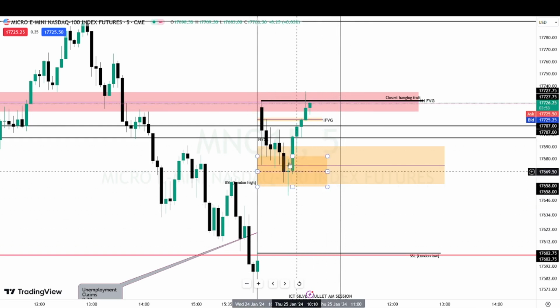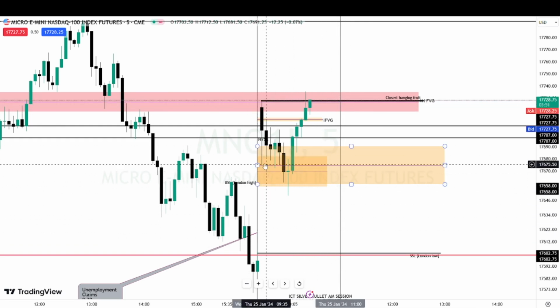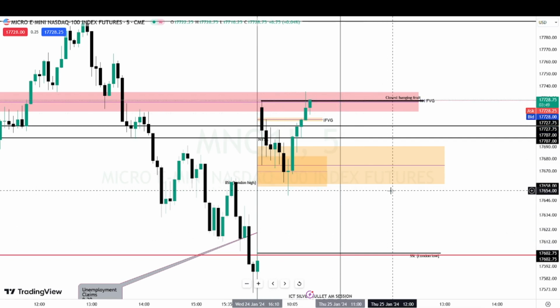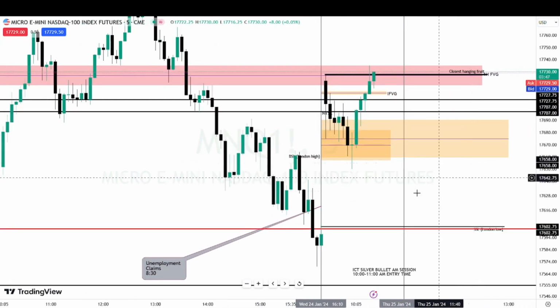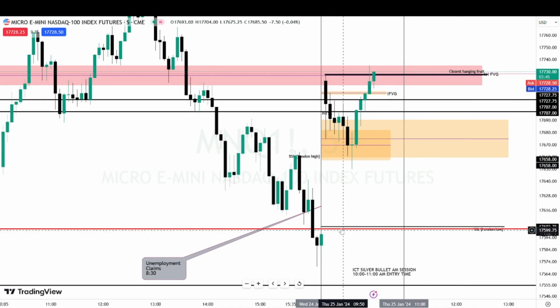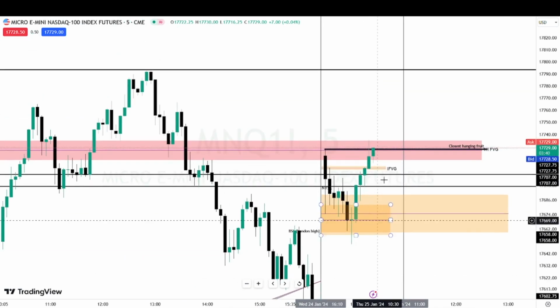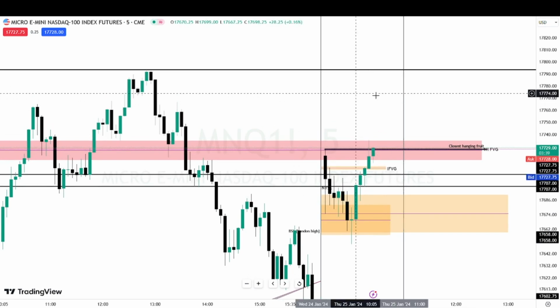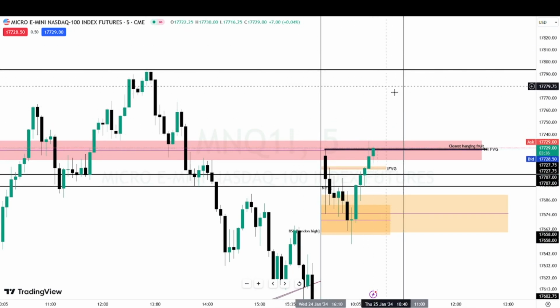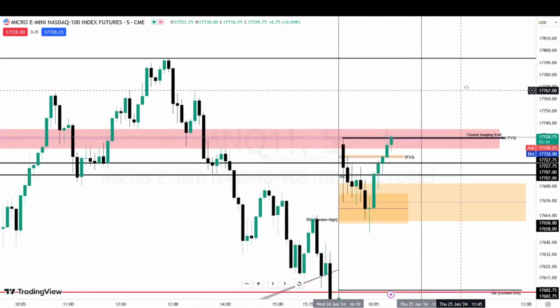Just aiming for the close of this, at least. Maybe from this to that, because the market hasn't traded into this area right there. Or we might just be going for the previous day high.